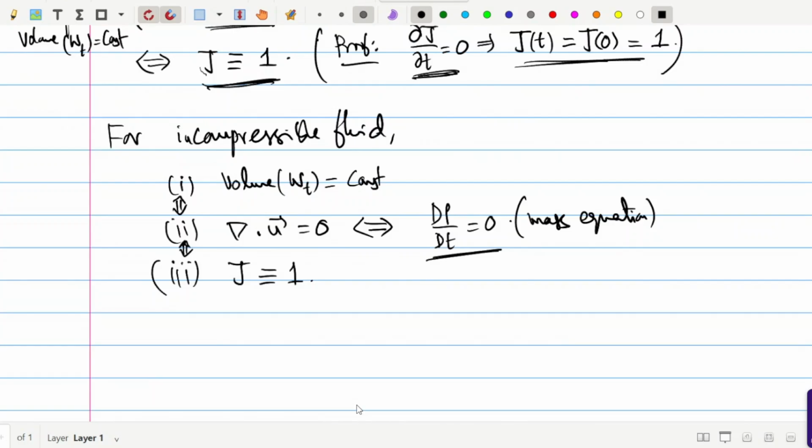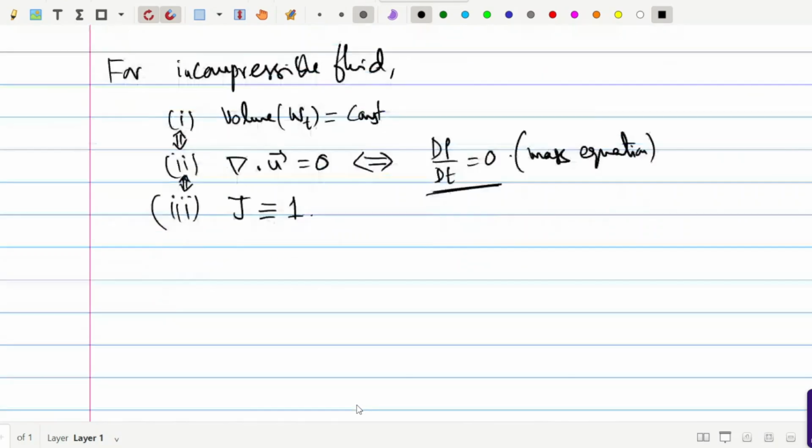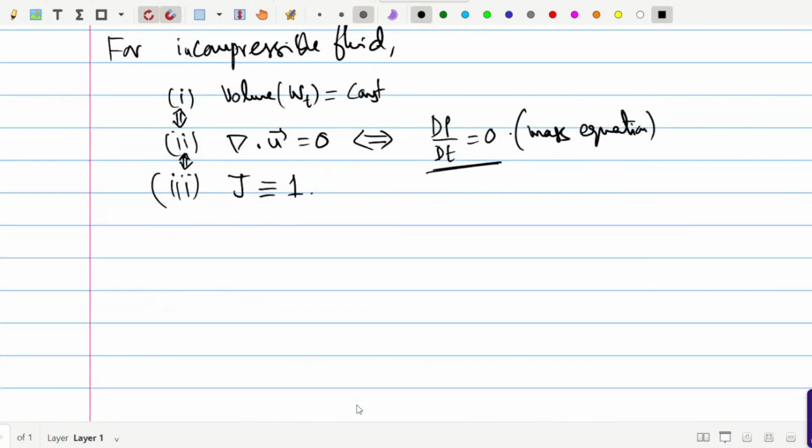We have seen that rho depends on x and t. Specifically, suppose rho of x and t is only a function of t.